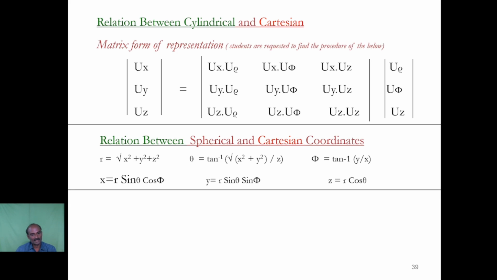Theta is equal to tan inverse of the root of x square plus y square, divided by z. And phi is equal to tan inverse of y by x. Then how to get the Cartesian coordinates from the spherical? x is equal to r sin theta cos phi, y is equal to r sin theta sin phi, and z is equal to r cos theta.